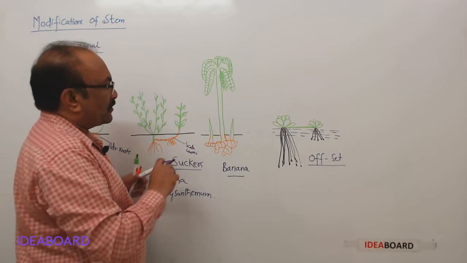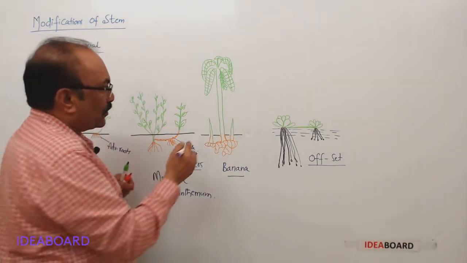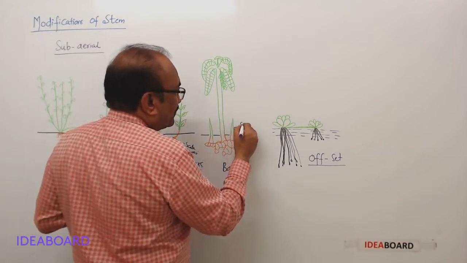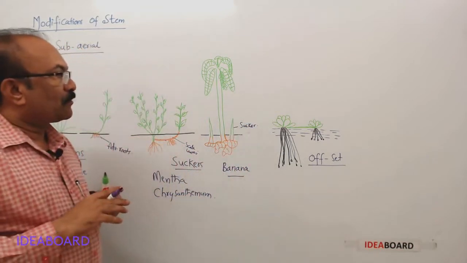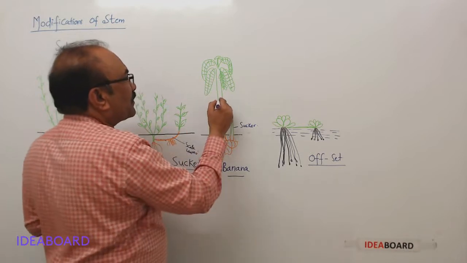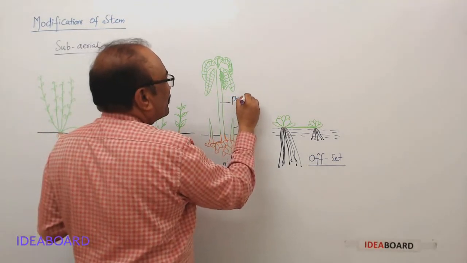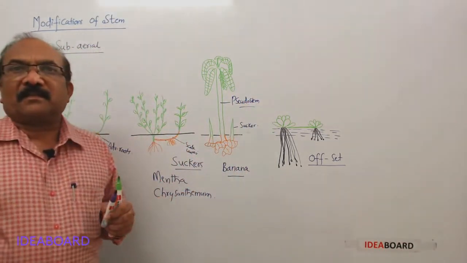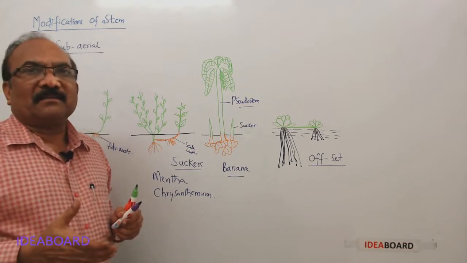Okay, and you see how this one will come. So this exposed portion is called sucker. So remember that this is the aerial shoot, and the stem-like structure is not a true stem, it is pseudo stem, because this cylindrical structure is formed by the sheathing leaf bases.